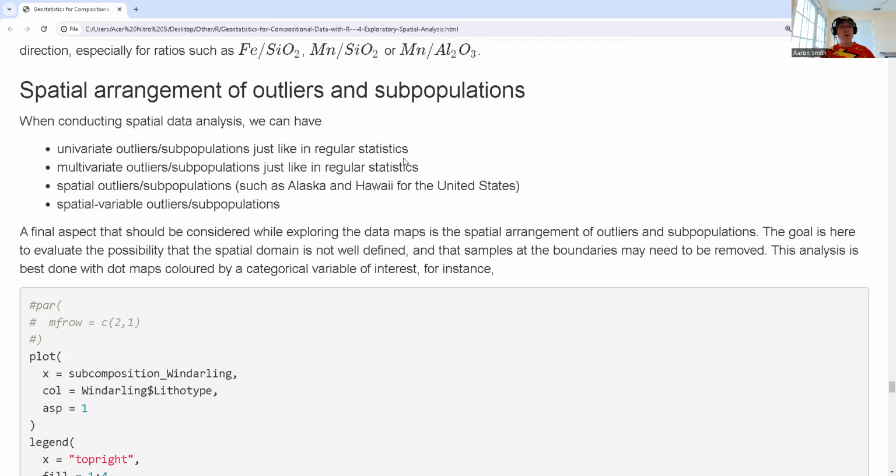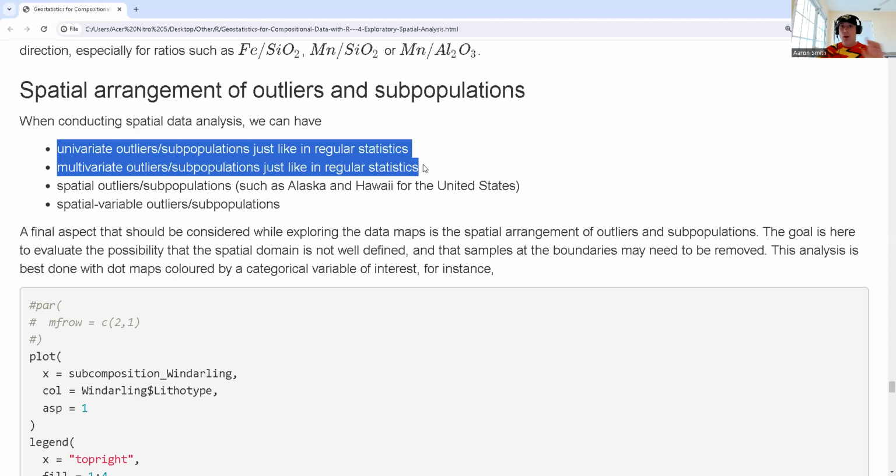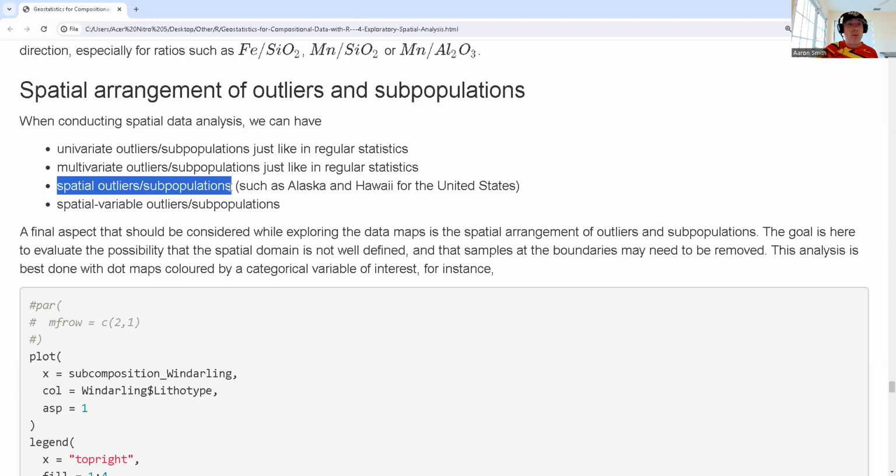All right, now let's talk about the spatial arrangement of outliers and subpopulations. When we're conducting our spatial data analysis, we'll have univariate outliers and subpopulations, just like in regular statistics. We'll have multivariate outliers and subpopulations, just like in regular statistics. Now that we're doing spatial, we'll have spatial outliers and subpopulations.